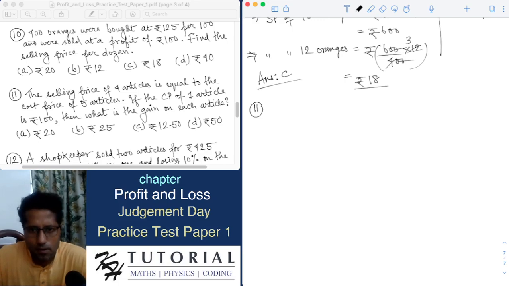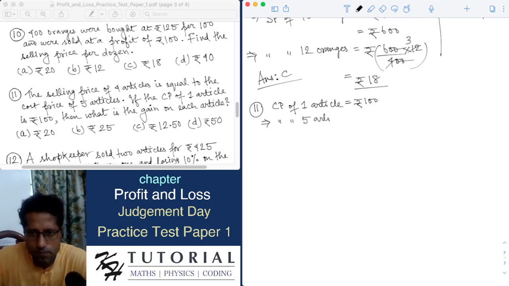So it is given that cost price of one article is equal to rupees 100. This implies cost price of 5 articles will be equal to rupees 100 into 5, that is rupees 500.